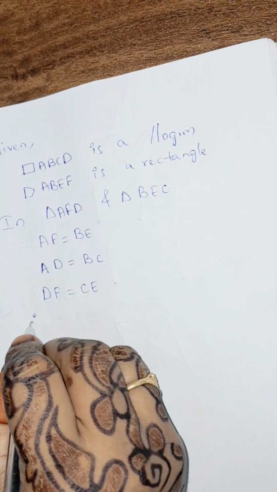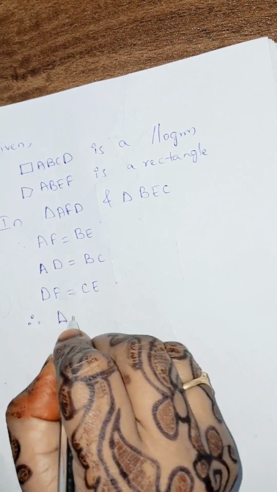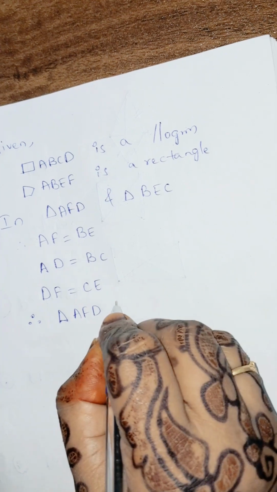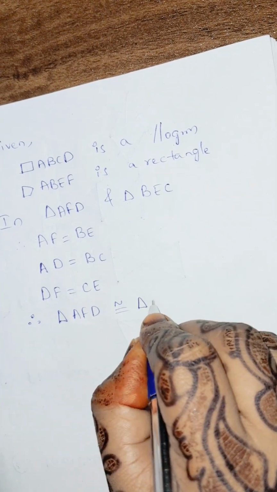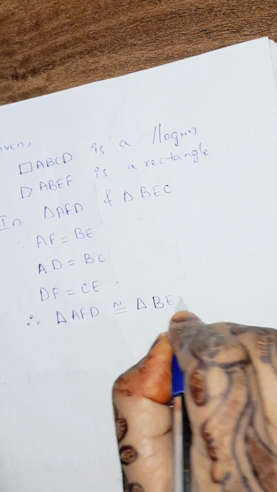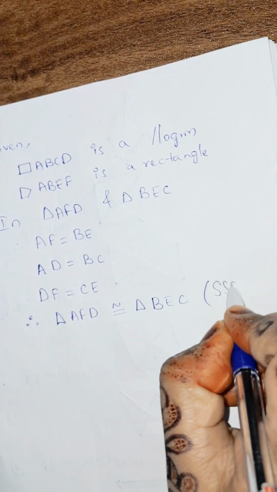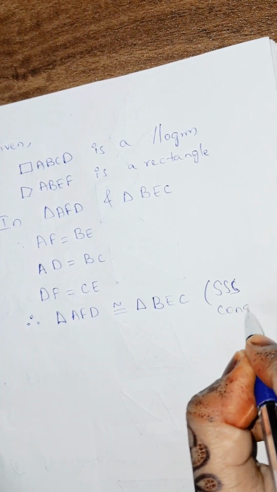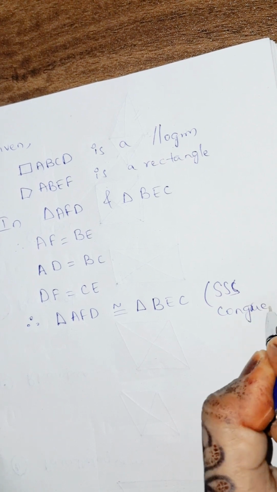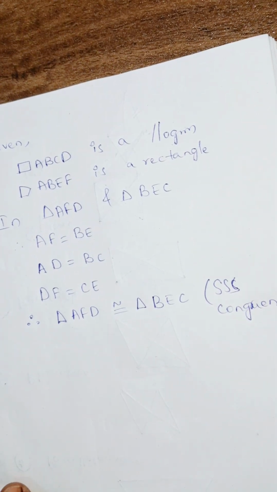So therefore triangle AFD is congruent to BEC because all the sides are equal. So by the SSS congruency, all sides are equal. Okay, this is our first question.